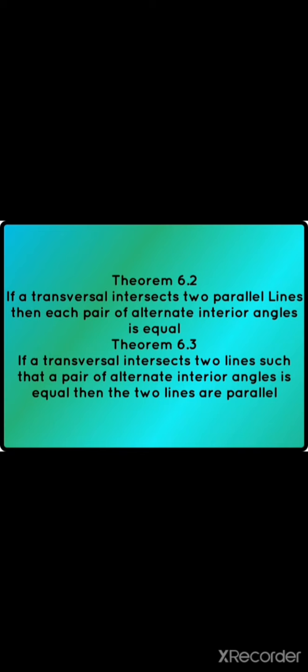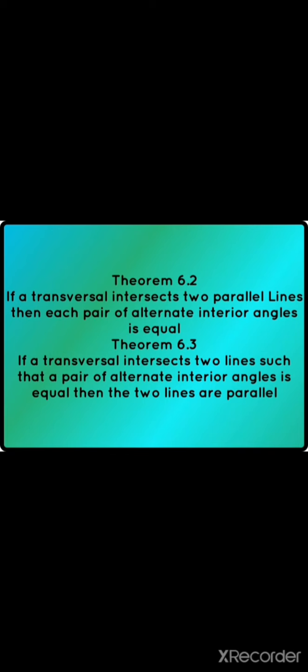Converse means the given and to-prove parts are interchanged. If a transversal intersects 2 lines such that a pair of alternate interior angles is equal, then the 2 lines are parallel.